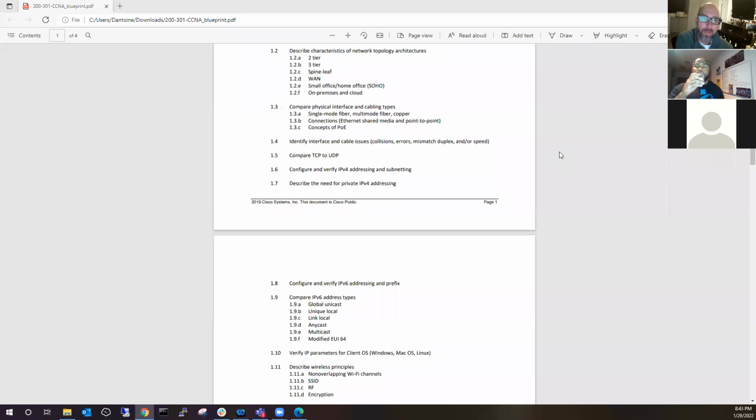Tell me about the difference between the different types of fiber, meaning single mode and multi-mode. Yeah, so single mode is going to use a laser, and it can get much farther distance. The way I think about it is single mode might be 2 miles or more, whereas multi-mode that uses LED light might be 2 miles or less.